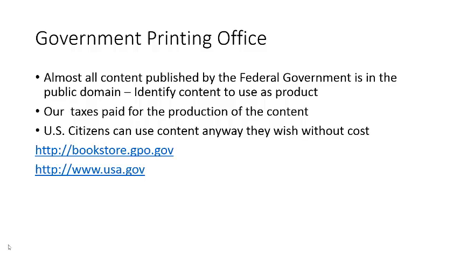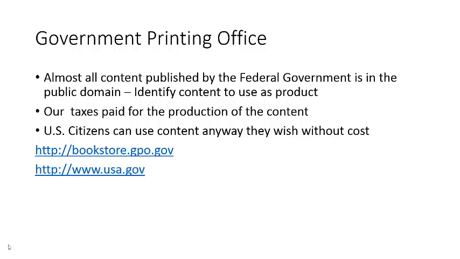And so the first place we want to go is bookstore.gpo.gov. GPO is the Government Printing Office. When we go there, we're going to find a book title. The government prints hundreds of thousands of books and sells them, but there's no need for you to buy those books, because many of them you can find for free.